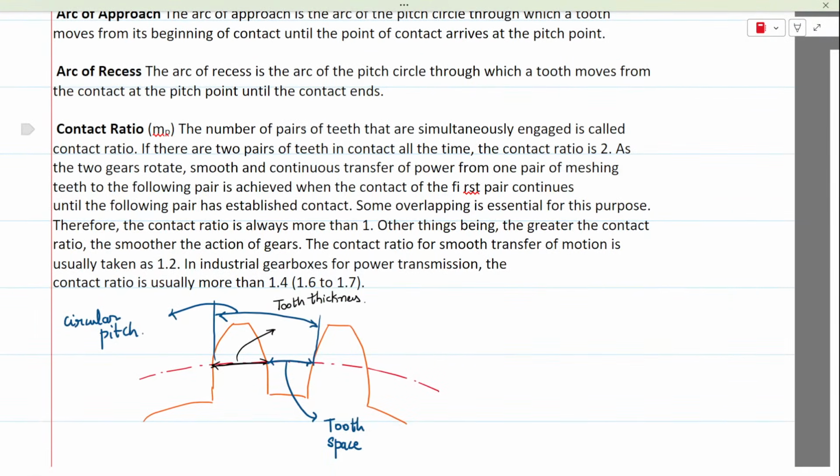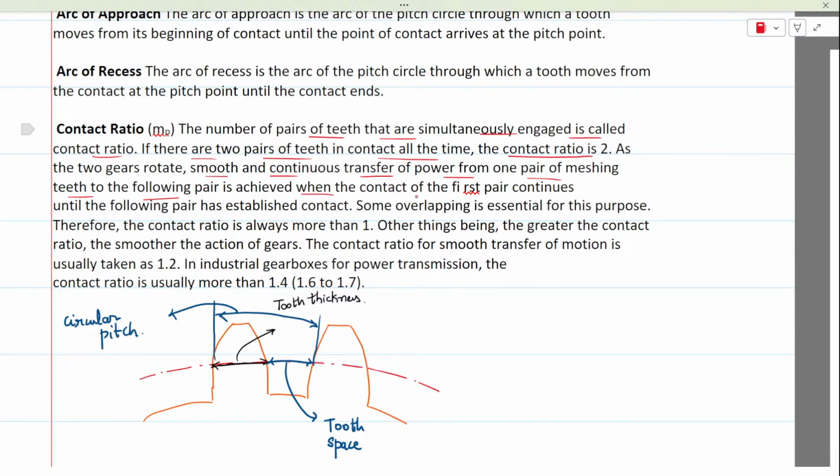Contact ratio refers to the number of teeth that are simultaneously engaged. If there are two pairs of teeth in contact at all times, then the contact ratio is 2. That means two teeth fully in contact with each other. As the gear rotates, smooth and continuous transfer of power from one pair of meshing teeth is achieved.